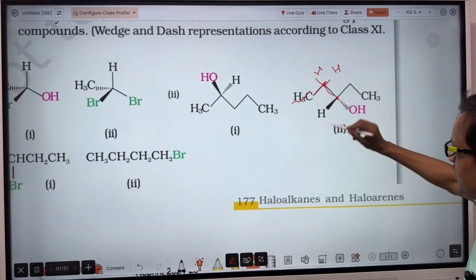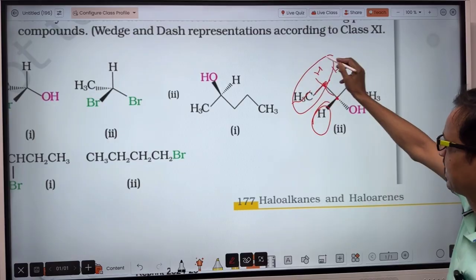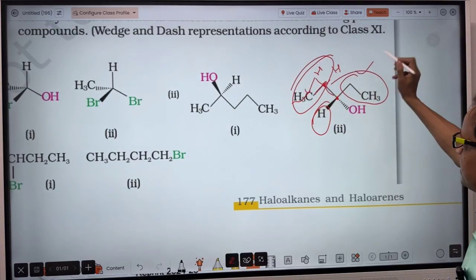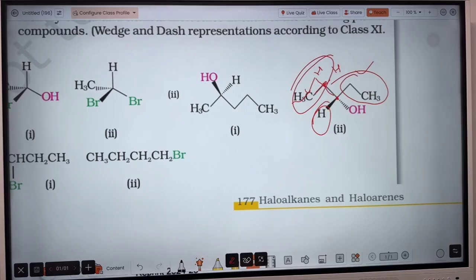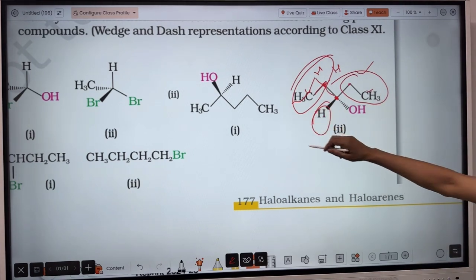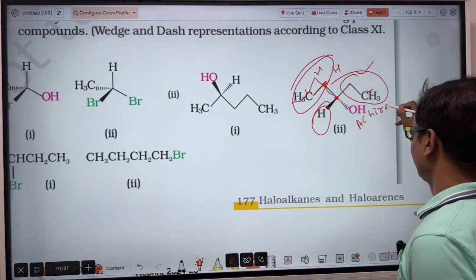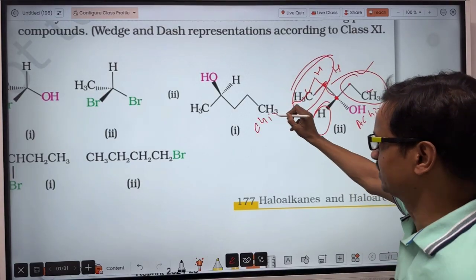Now consider this carbon. Here hydrogen, here ethyl, here also ethyl. So this ethyl and this ethyl, 2 groups have become the same. So this is not asymmetric. Now this carbon also has 2 hydrogens, not asymmetric. Here not asymmetric because 3 hydrogens are the same. So there is no asymmetric carbon atom. So this molecule is achiral, while that molecule was chiral.